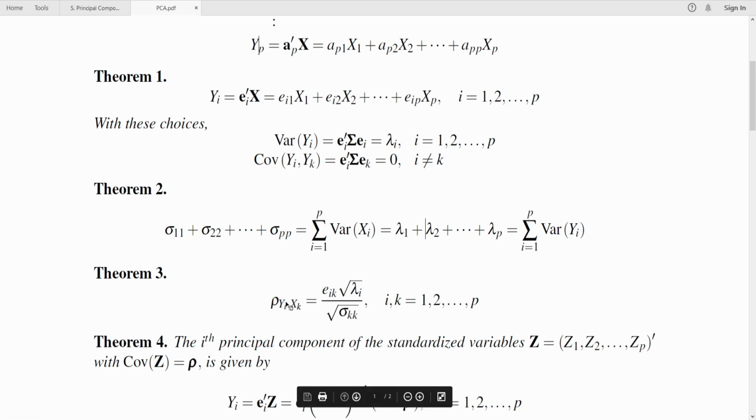So again, this is our correlation coefficient between the principal component and our variables. Okay, and it is equal to, for example, if we look at the first principal component, this would be e12, we would have e12 times the square root of our eigenvalue corresponding to the principal component.